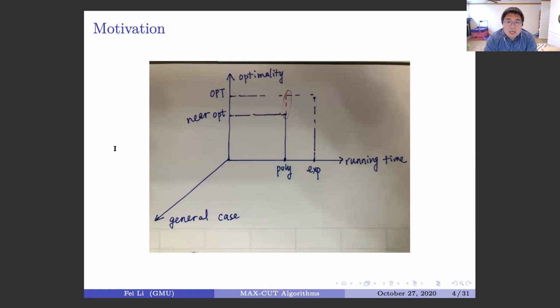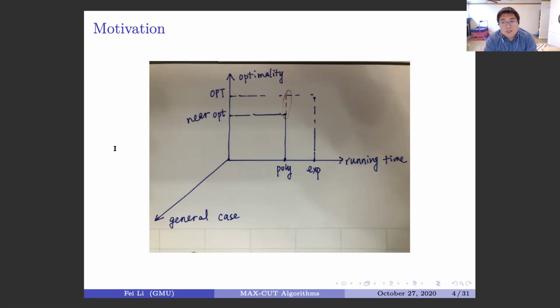For those NP-hard problems, based on the conjecture that P does not equal NP, we know that if we want to satisfy 3 criteria, finding the optimal solution of the problem, which is optimality, making the algorithm efficient such that the running time is a polynomial time function, and guarding the worst case guarantees such that we are dealing with the problem in the general case, we couldn't satisfy all of them. So we have to pick 2 measures to optimize.